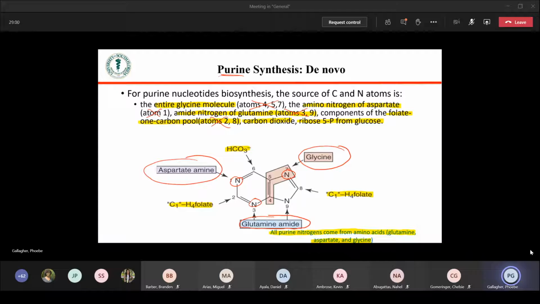Do we have to know which structures are oxidized or reduced? No, don't worry about that. That's too much chemistry, and she just wants you to know the enzymes and the products and have a general idea of what's going on. So you don't have to know what's oxidized or reduced. Okay, so know the names of these three amino acids and how they contribute to the nitrogens for the purines.